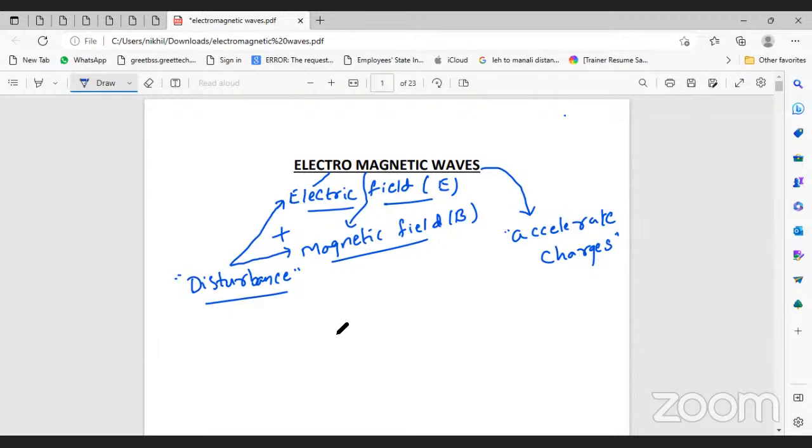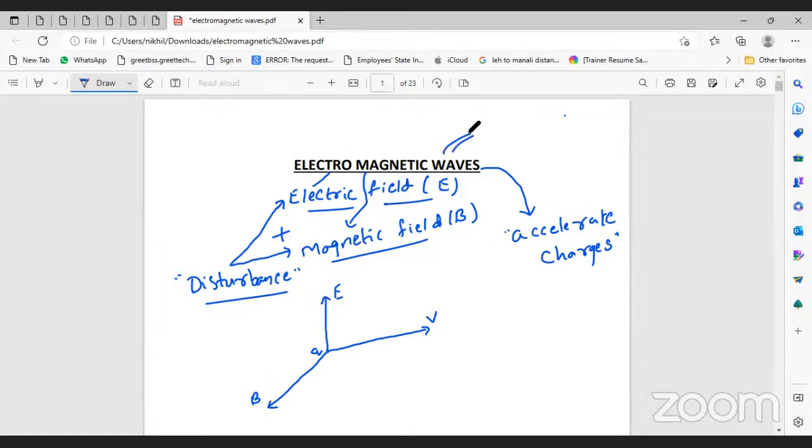For example, if I am applying the electric field along the y-axis and there is a charged particle here, this charged particle is accelerating along the x-axis with the velocity v. Perpendicular to this electric field, I am going to apply the magnetic field. Here, electric field and magnetic field are perpendicular to this velocity.